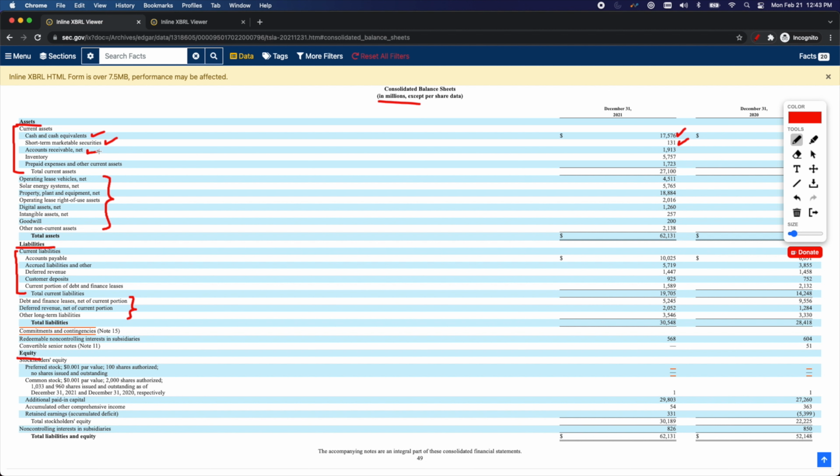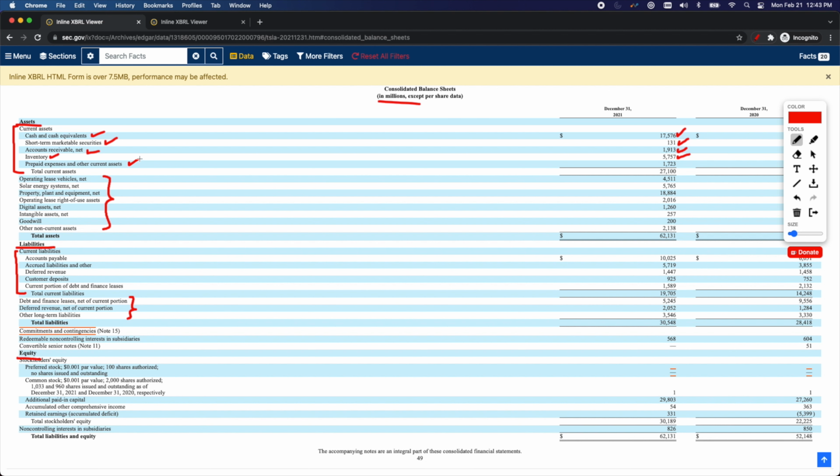Some AR, or accounts receivable, so money to be paid to Tesla. That's roughly $2 billion. They have some inventory as well, so cars in inventory that they can sell to customers. That's $5.7 billion worth of ready-to-go vehicles.